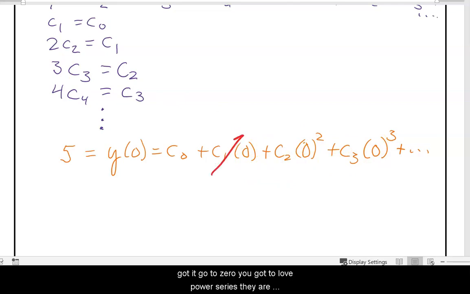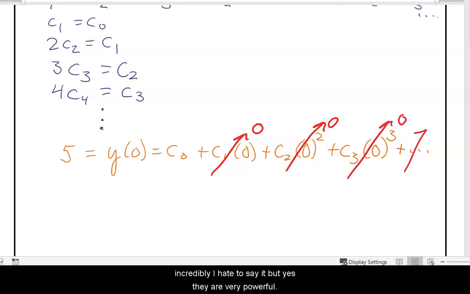You gotta love power series. They are incredibly, I hate to say it, but yes, they are very powerful. Every term except the first term is going to go to 0. But that tells me that I know the value now of C sub 0, the very first coefficient.